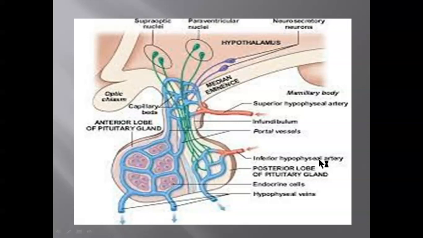So the posterior lobe is supplied by the inferior hypophyseal artery, which is a part of our meningohypophyseal trunk, that is MHT, which is a part of the cavernous segment, whereas the superior hypophyseal artery is a part of the ophthalmic segment, that is part of C4 in the Gibo classification, or C6 in the Bouthillier classification.